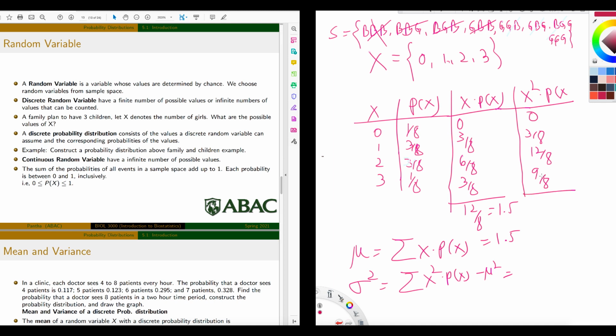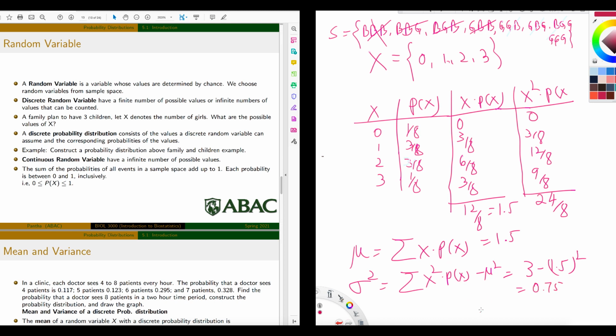If you add these, the sum is 24 over 8, which is 3. Then 3 minus mu squared, which is 1.5 squared, that is 2.25. So 3 minus 2.25 is 0.75. That is the variance.